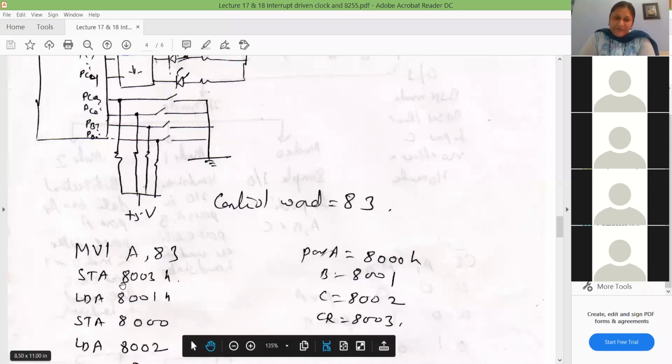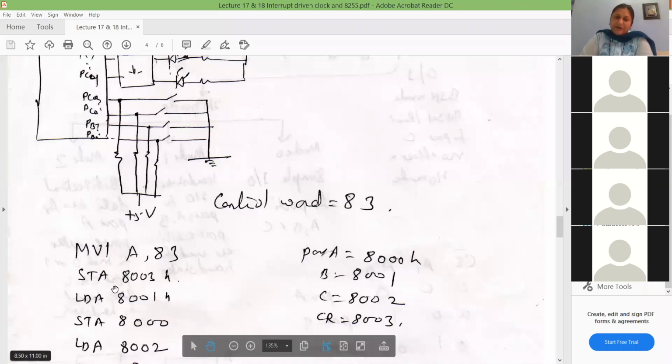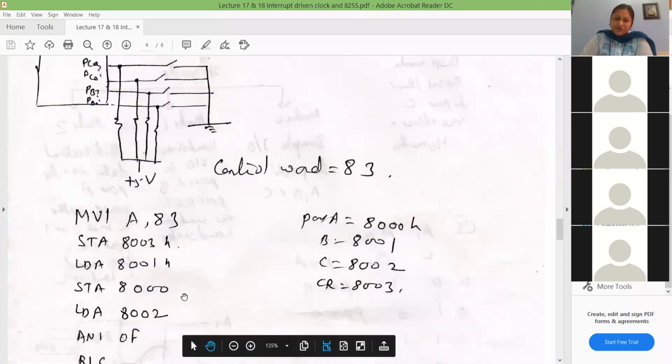So STA means OUT and LDA means IN. If you are using a 16-bit address, then STA and LDA instructions will be used. If you are using an 8-bit address, then IN and OUT instructions will be used.